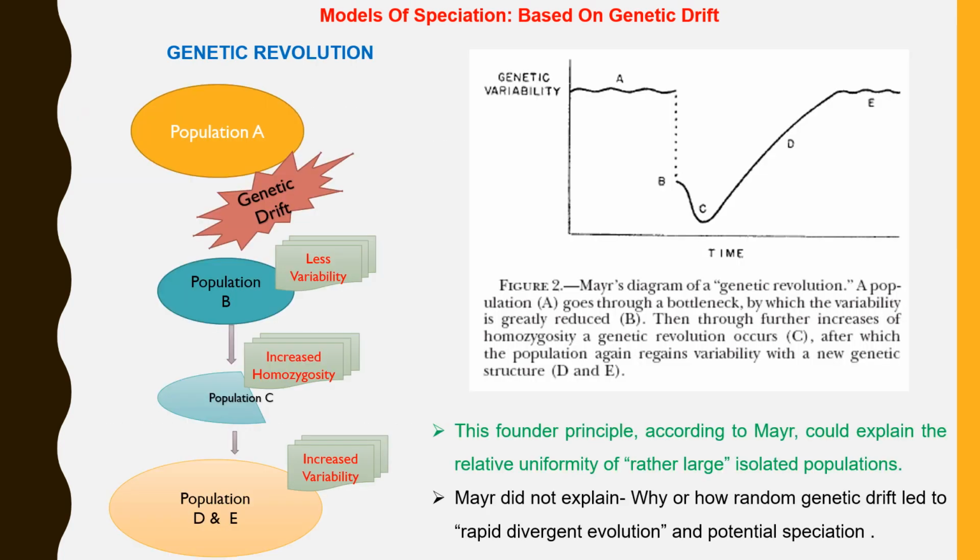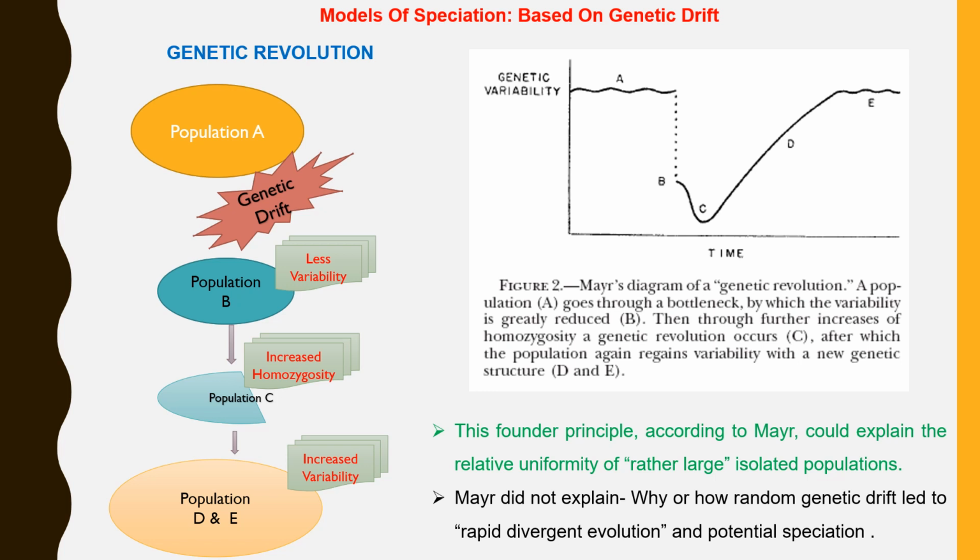The graph here represents Mayr's diagram of genetic revolution. The x-axis represents time and the y-axis represents genetic variability. Consider an ancestral population A with high genetic variability. Due to genetic drift, basically the founder's effect, the population goes through a bottleneck to form population B. Due to the bottleneck effect, the genetic variability of the population is reduced.